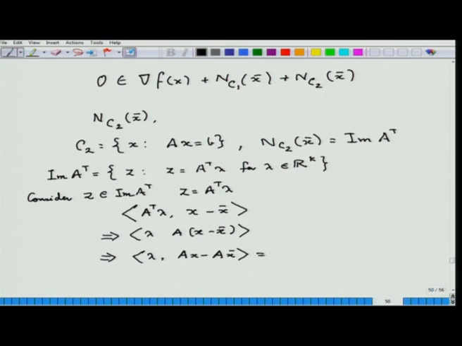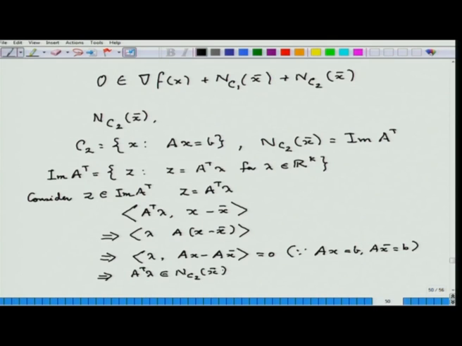So, now this would imply that A transpose lambda is an element of the normal cone to C2 at x bar.